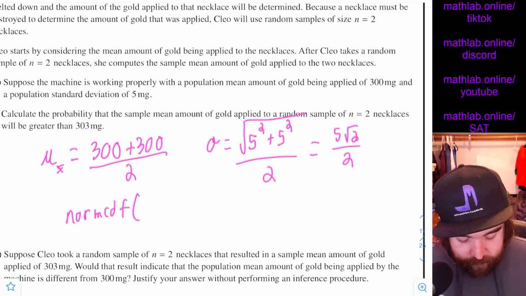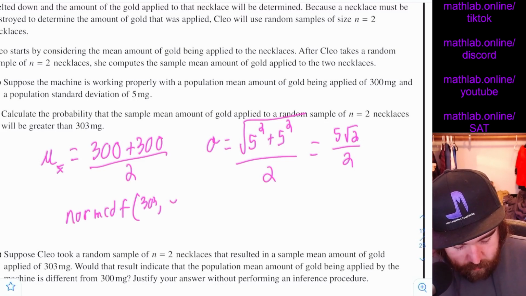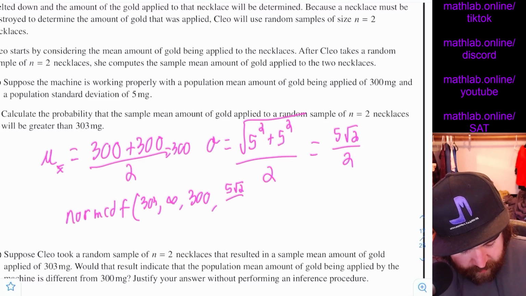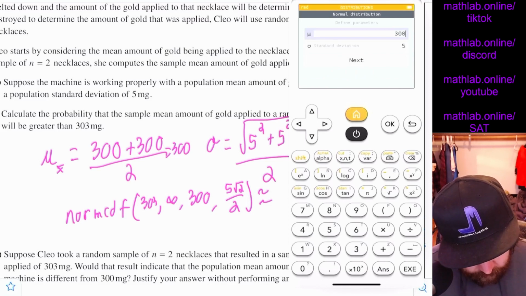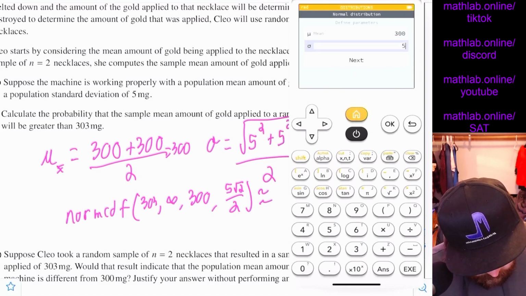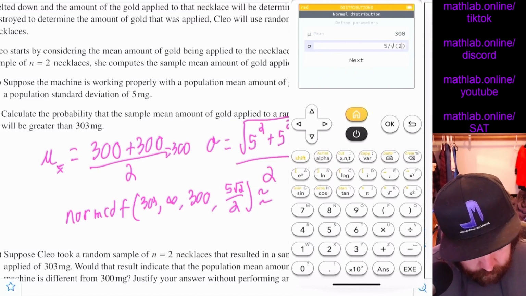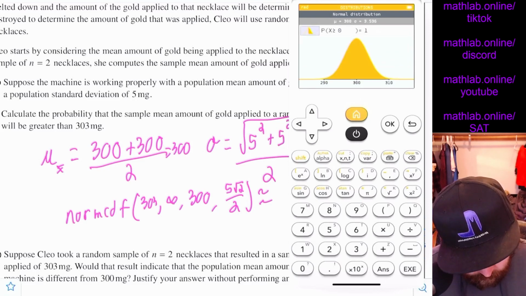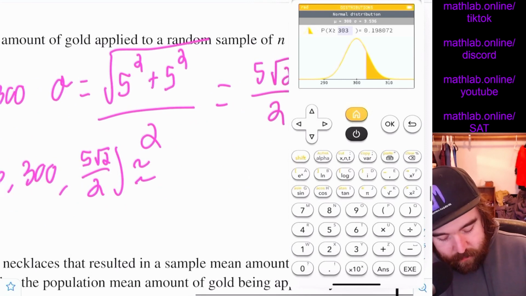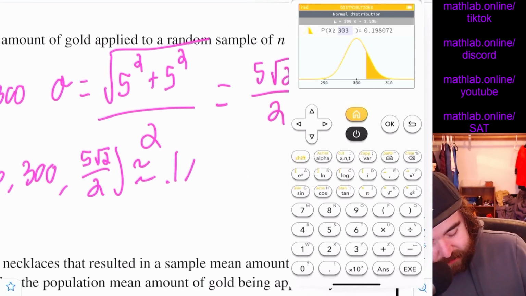So a norm CDF from 303 to infinity with a mean of 300 and a standard deviation of 5 root 2 over 2, which is 5 over the square root of 2. 0.198.